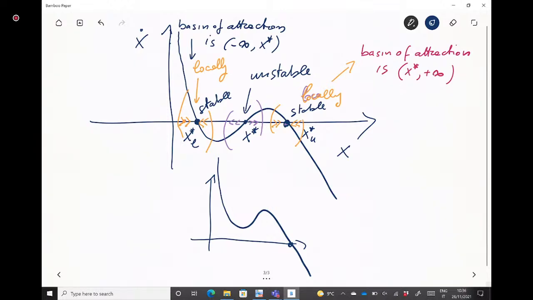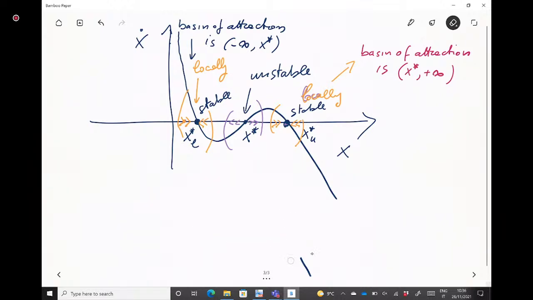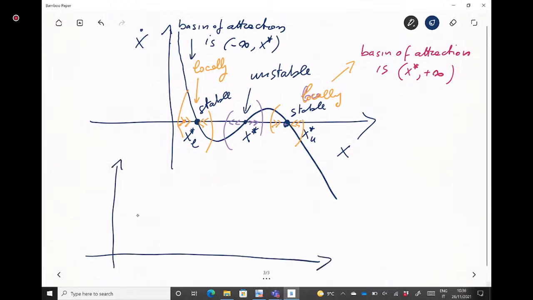So what is the time path now? If we want to represent the trajectories in the time domain, there is something new that happens. We have three steady states, so three levels of the variable, x star upper, x star lower. X star upper and x star lower are stable, and this is unstable.